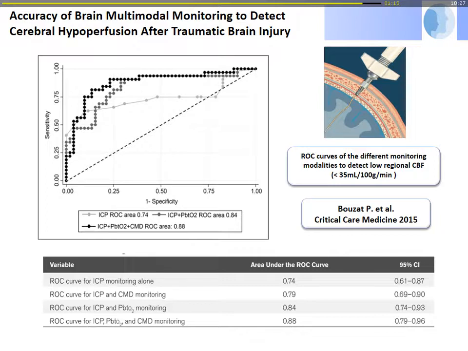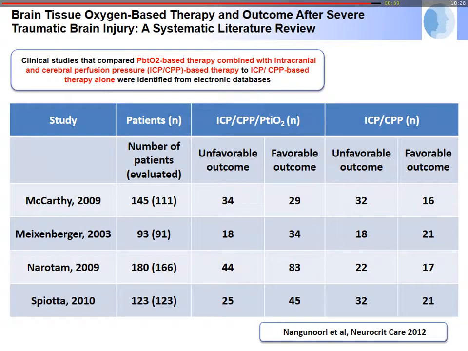I just want to show that it's in traumatic brain injury, but the fact that we can monitor PtO2 could also be very important. And this study of Pierre Bouzat shows that if you consider intracranial pressure in these patients only, or in addition to PtO2, you can improve your ROC curve concerning the evolution of these patients.